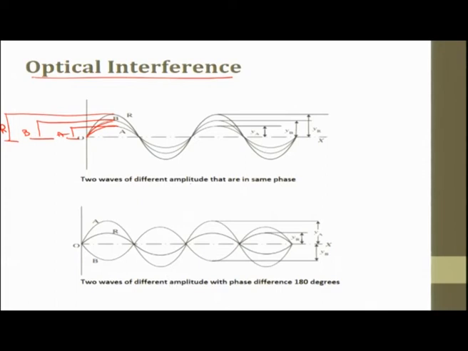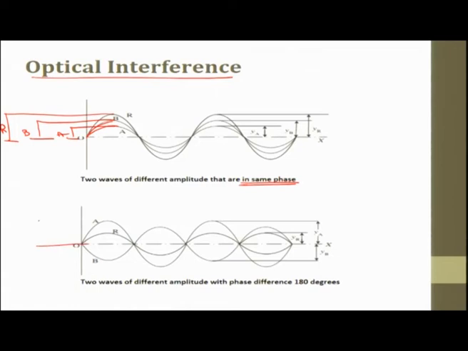Here please understand that the lights are in phase. If the lights are out of phase, then you will get a resultant which is subtracting both.